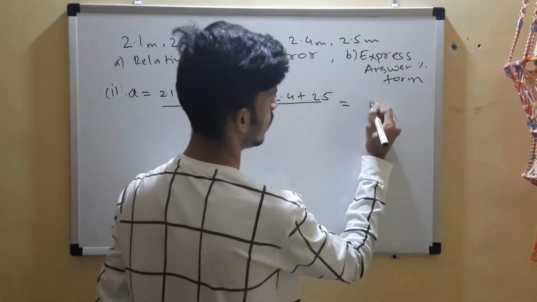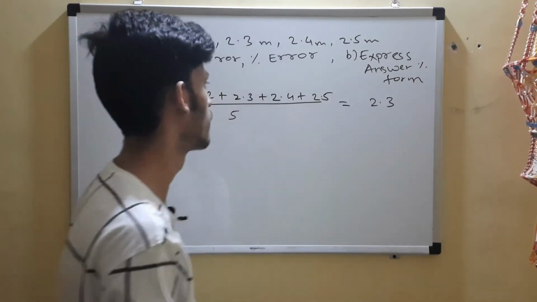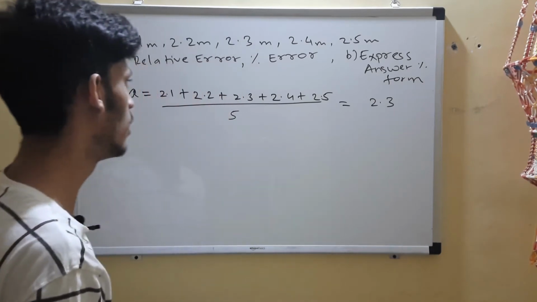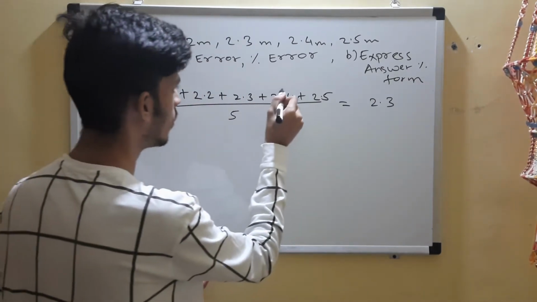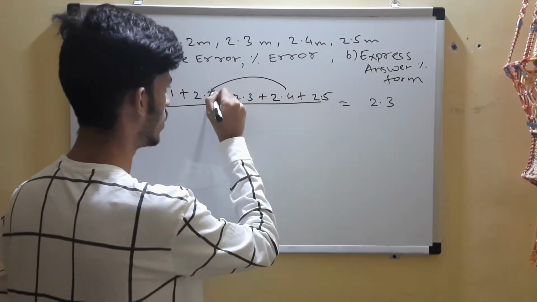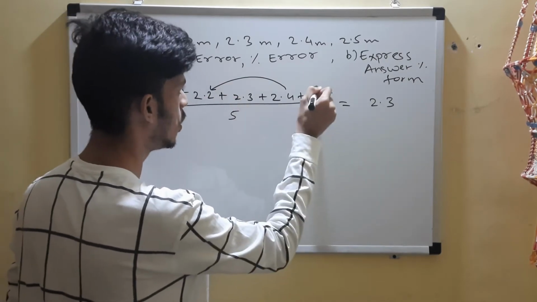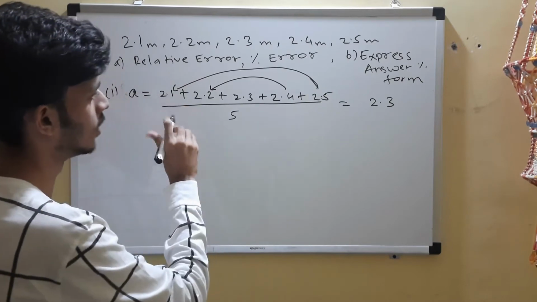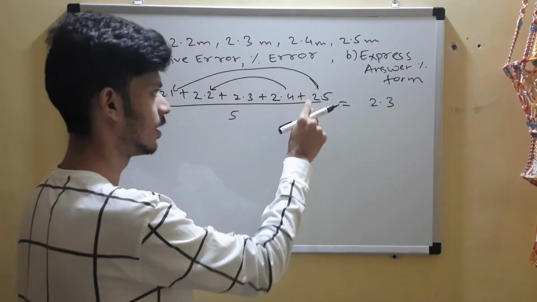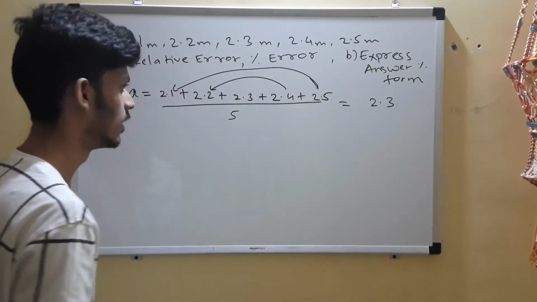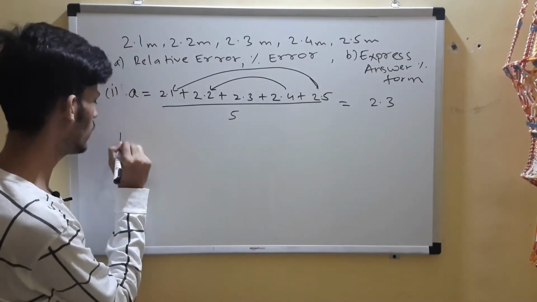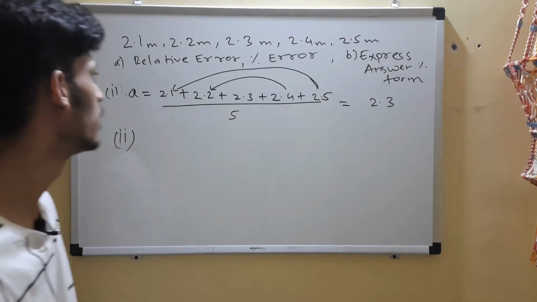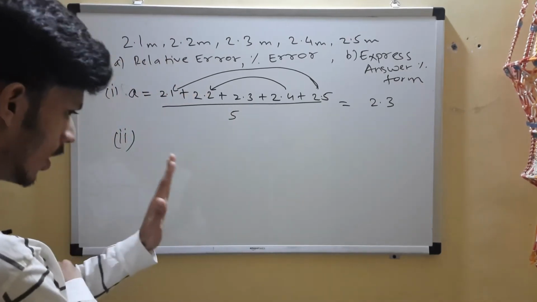So the mean will be 2.3. Yes, you can add and calculate the normal way, or you can do a wise thing: give 0.1 from here to here. So this becomes 2.3, and 0.2 from 2.5 to here, so this also becomes 2.3. So 2.3, 2.3, 2.3, 2.3, 2.3. Average will be 2.3. This is maths basically. So you calculate the true value.